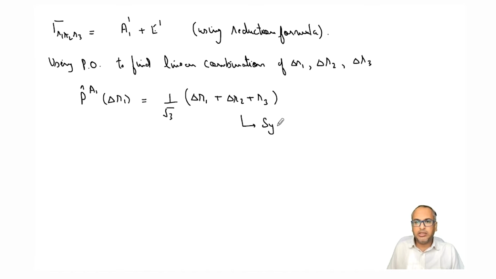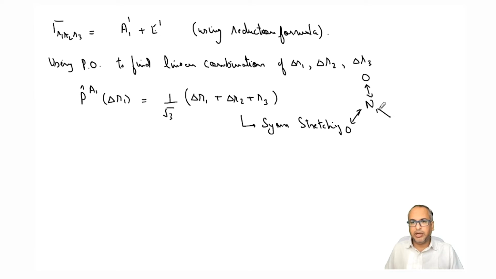This will be called symmetric stretching, and you can draw it like that, all the bonds increasing in length symmetrically. You can call it nu 1 with A1 prime symmetry. So this is nu 1.